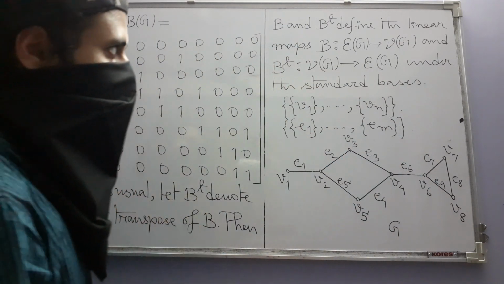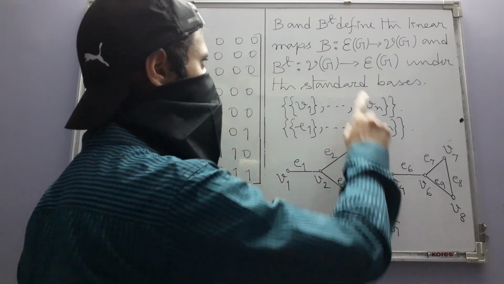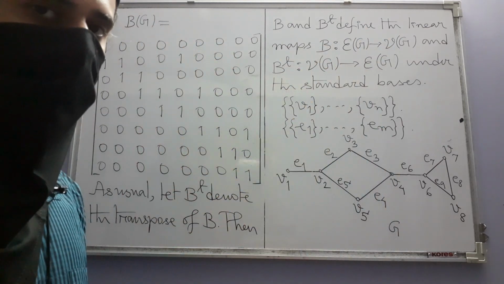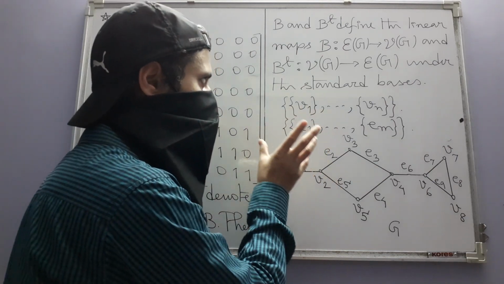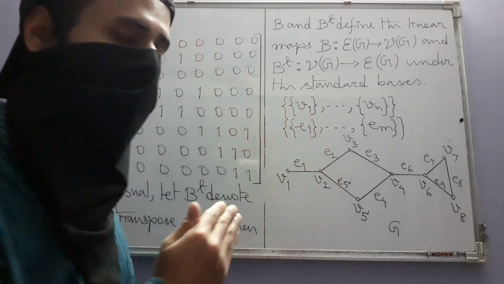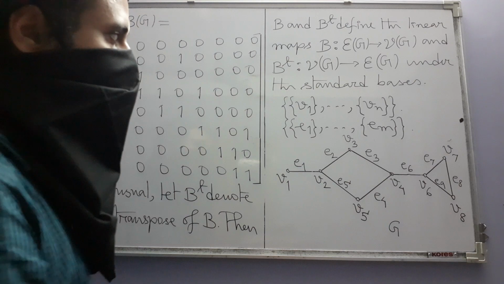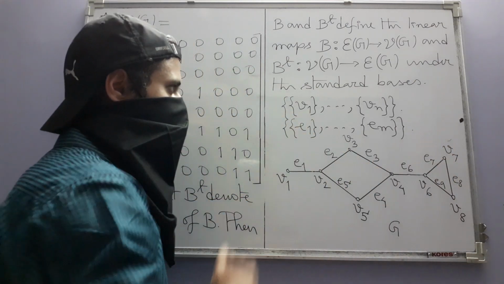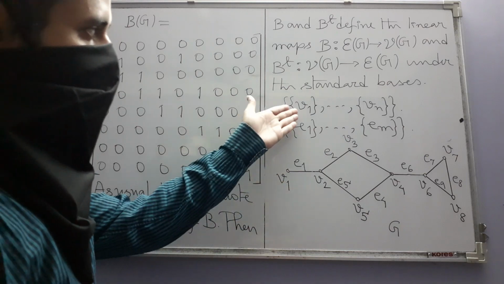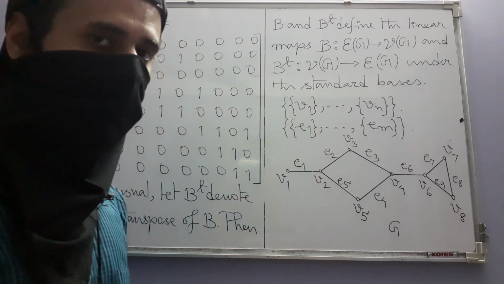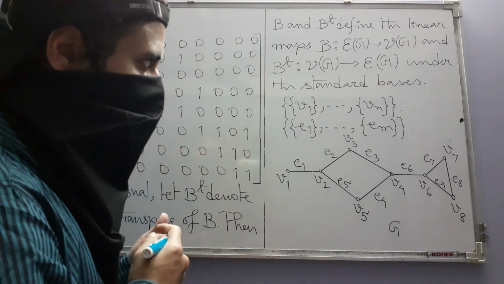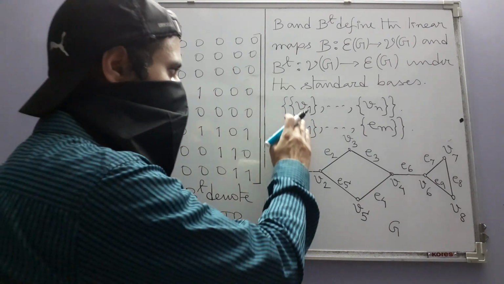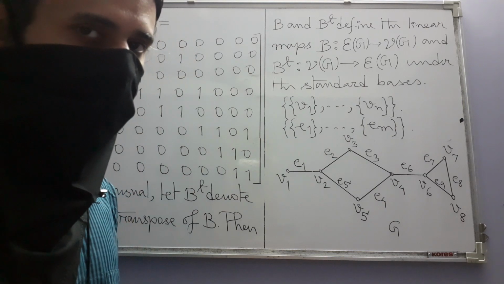Now that means that if you consider, for example, a vector in the vertex space, what is that actually? That is a set of vertices, in other words, a subset of the set of vertices of G. So expressing that vector as a linear combination of this standard basis means expressing that set as a union of these singleton sets.